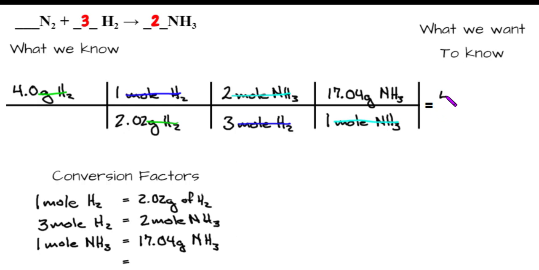So the math is 4.0 times 1 times 2 times 17.04, all of that over 2.02 times 3 times 1.